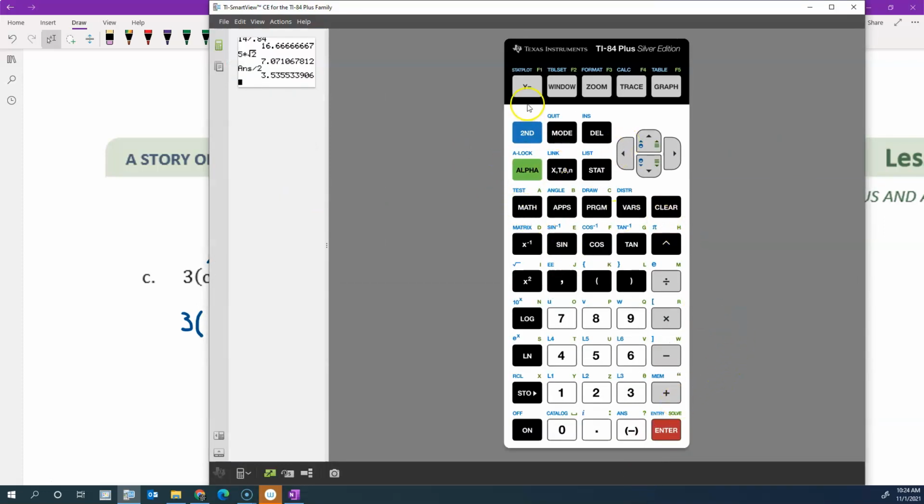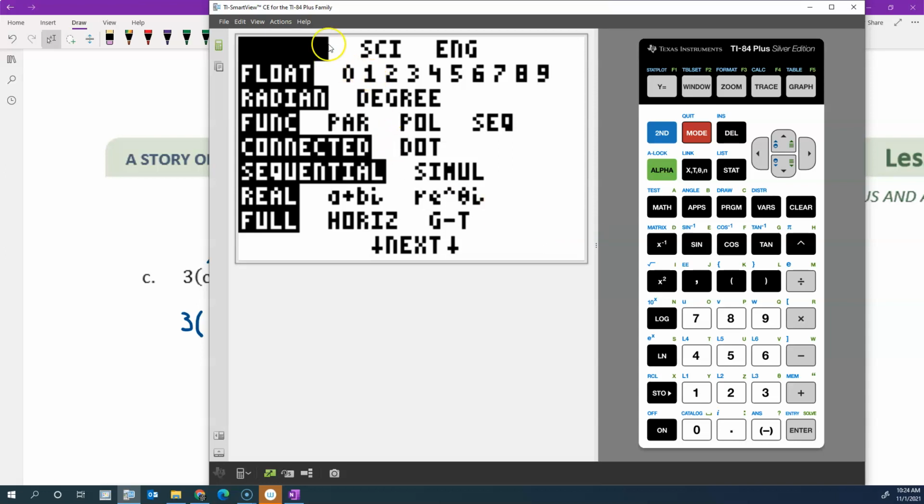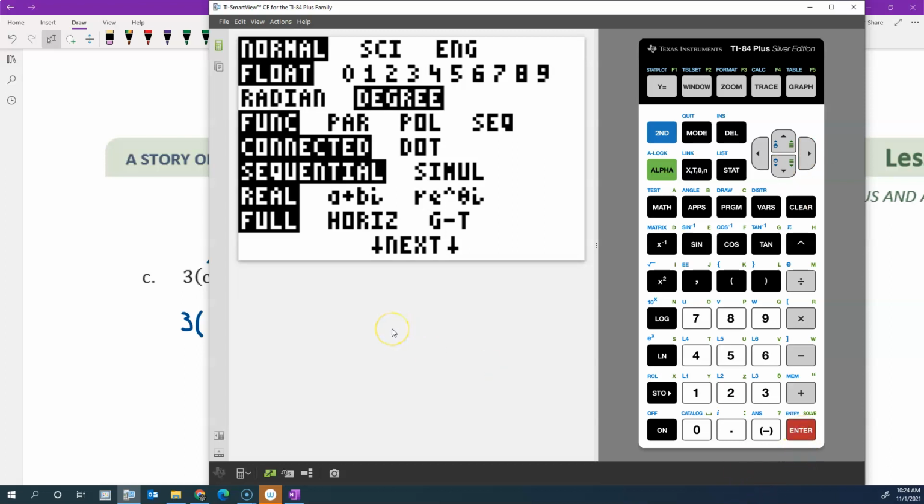This angle was 190 degrees. On my calculator, I press mode, and I use the arrows and go down and change it. Right now it's highlighted in radians, and I want to move that over and highlight degrees. Otherwise, I'm putting in the wrong angle. It's 190 degrees.